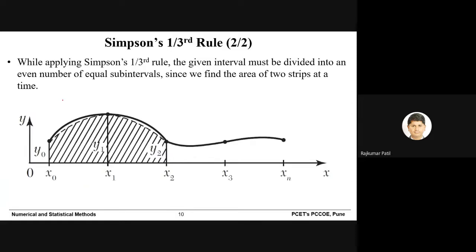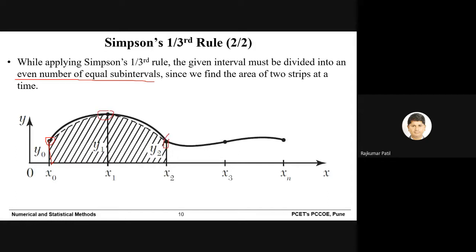Again, while applying Simpson's one-third rule, there are certain things we need to understand. First, we need to divide the intervals into even numbers. Why even numbers? Because we are considering 3 points, y0, y1 and y2.